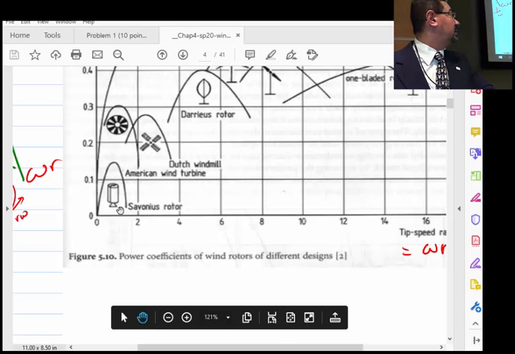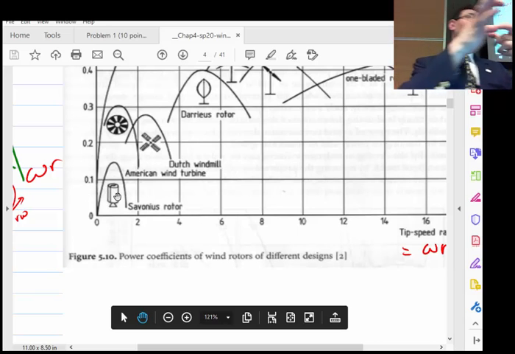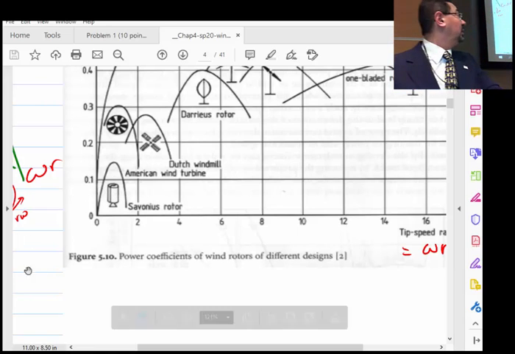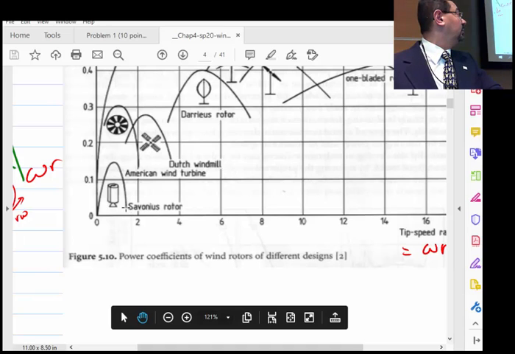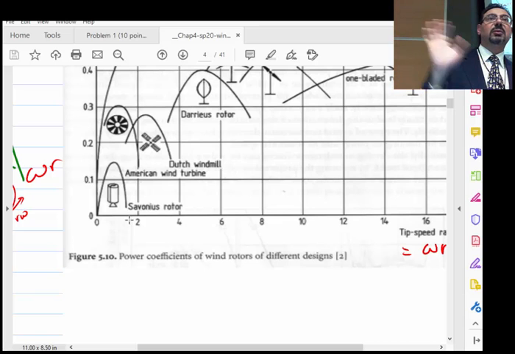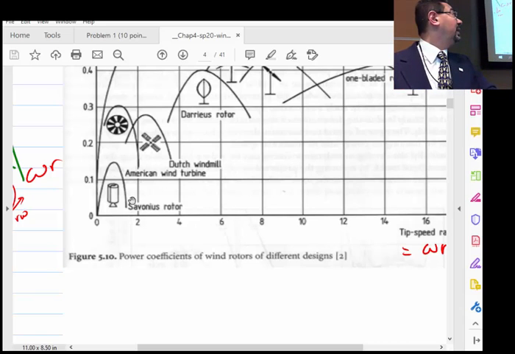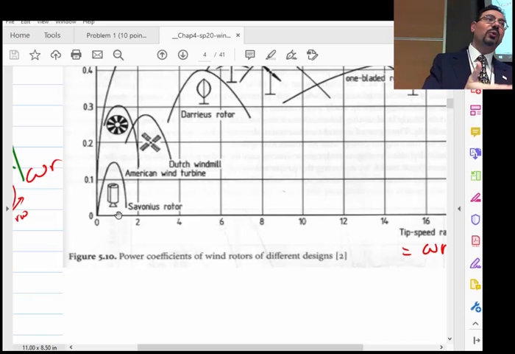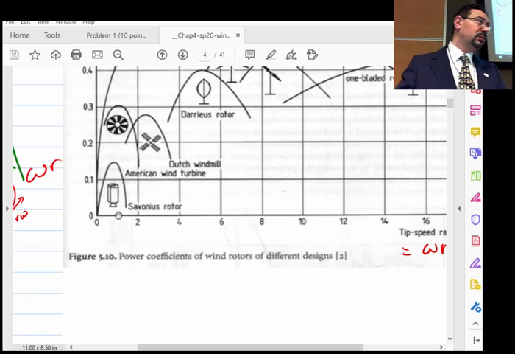You can see that this Savonius rotor, which is basically a drag-based machine, is at like 1.8, 1.5, and that is when it's doing almost zero power output, right? And that is only the tip. The rest of the blade, of course, is moving slower.